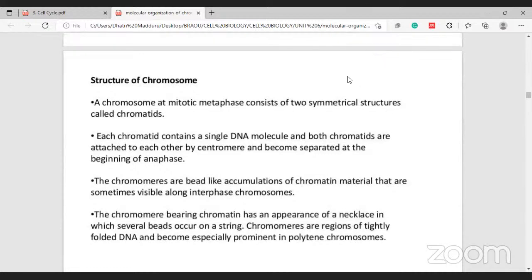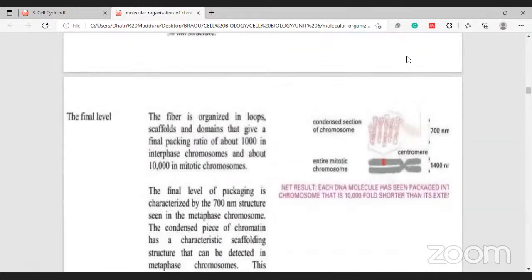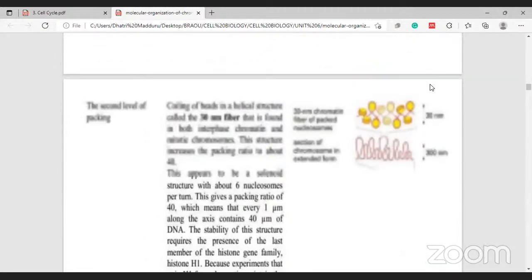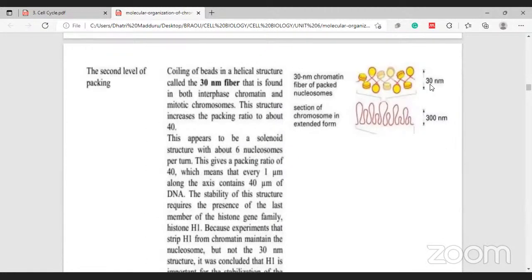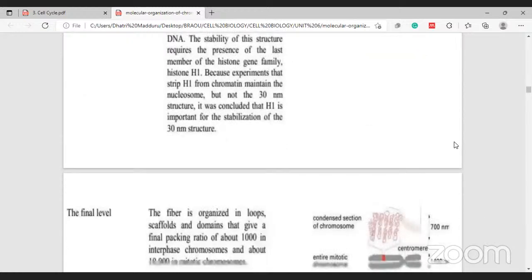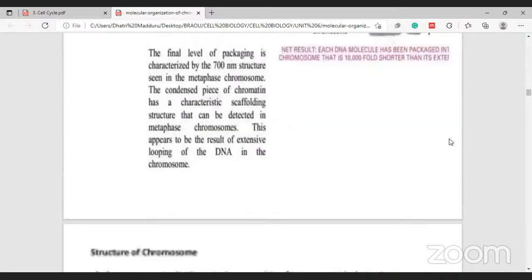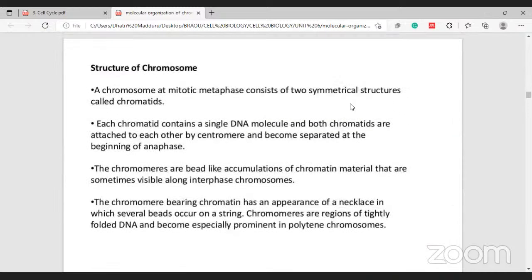So here is the image. Here the first one, you can see they are like beads arranged like a necklace on a string. This is how it looks.